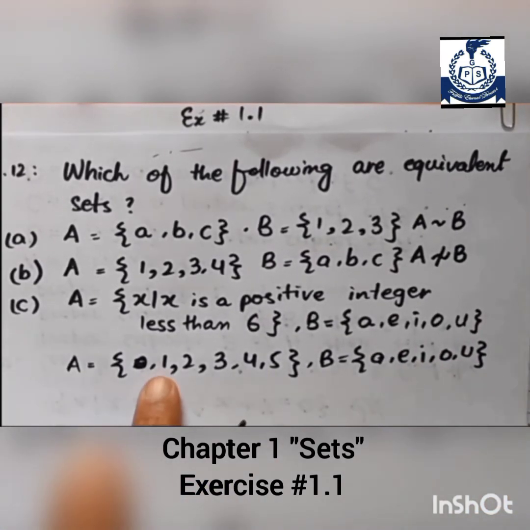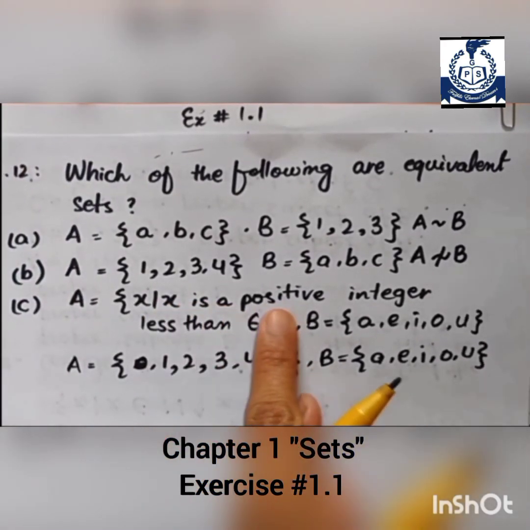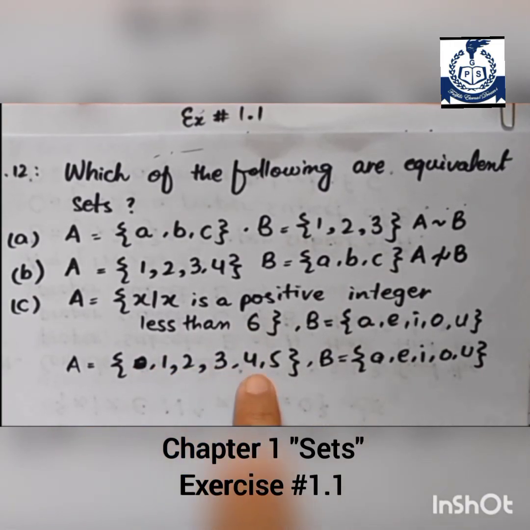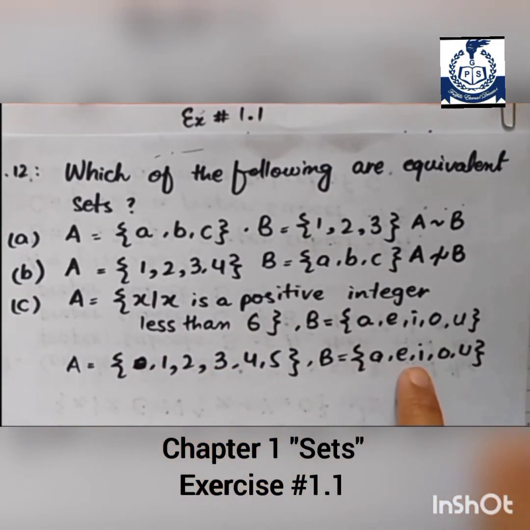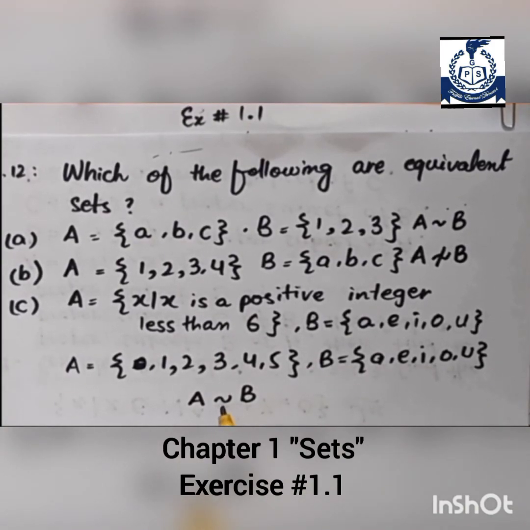Here we cut the 0 because they are positive integers less than 6. So 5 elements are less than 6 and a, e, i, o, u. So A is equivalent to B.